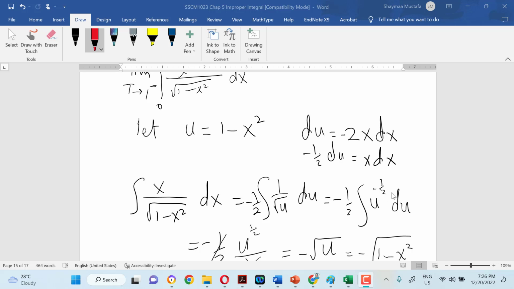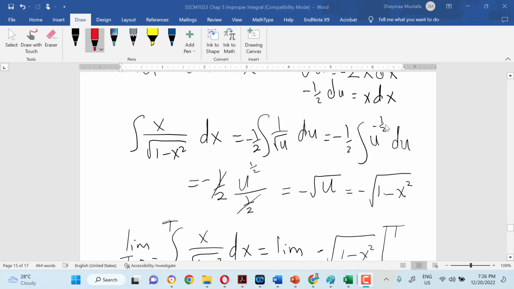Integrating as a power function, plus 1 gives minus 1 over 2 plus 1, which is 1 over 2, divided by 1 over 2, and here we have minus 1 over 2 as a constant, so 1 over 2 cancels with 1 over 2. So we have minus u to the power 1 over 2, which is the square root of u. In terms of x, it is minus the square root of 1 minus x squared.